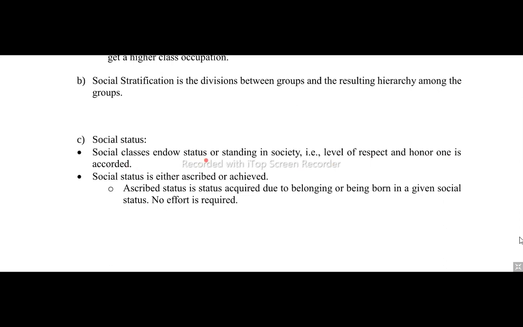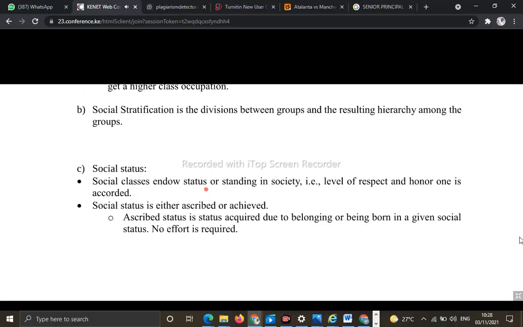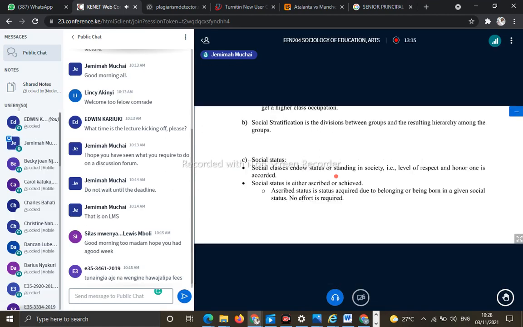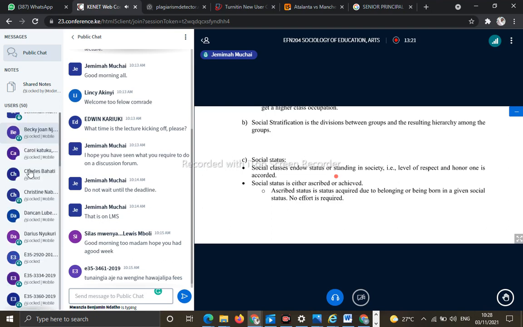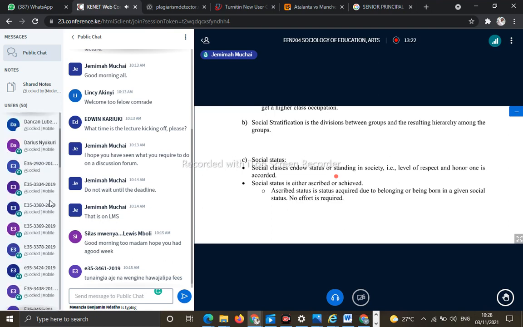For example, if you are a principal, that is the position that you hold in the society. You are a principal of a secondary school. And in that category, there are different categories of principal. There are those of national schools, the county schools, and those village schools.